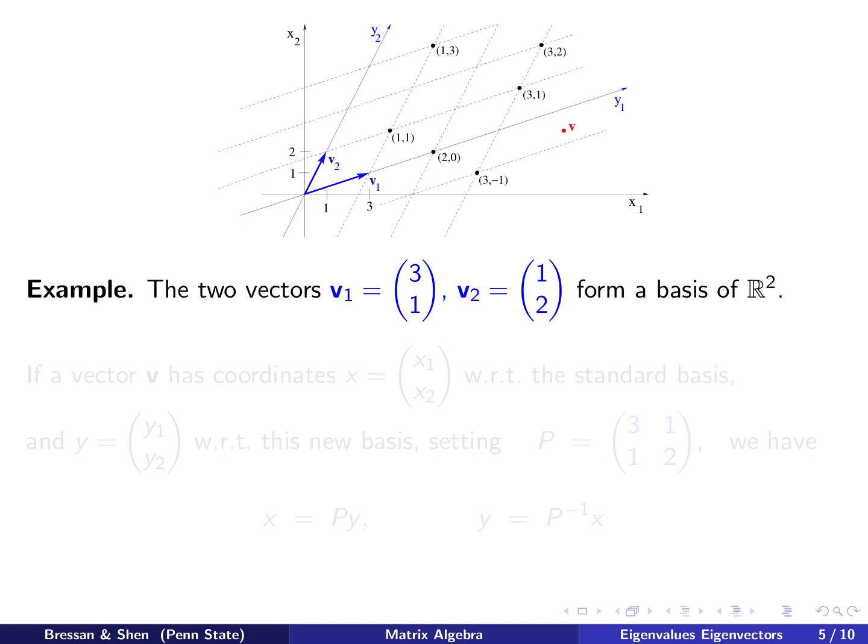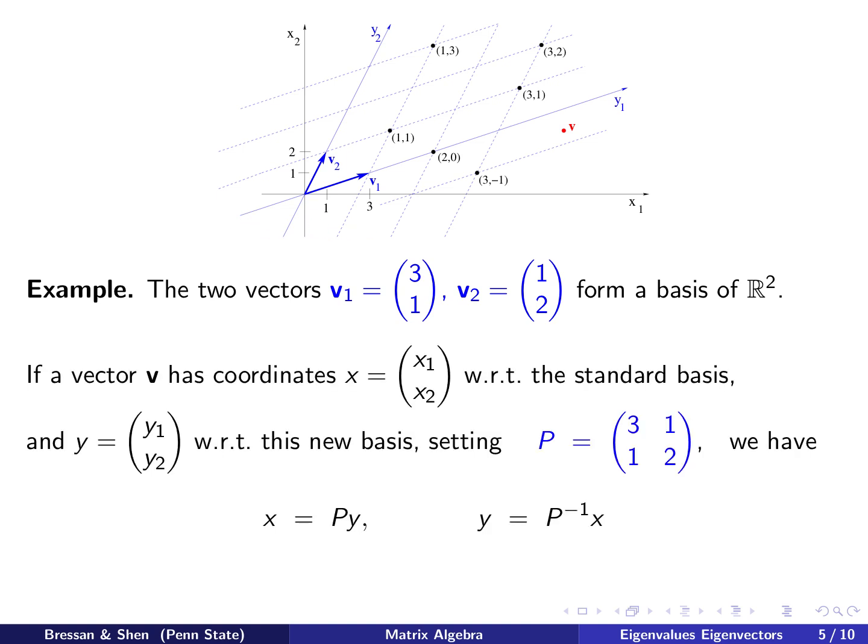So let's take an example to show what we mean. In the example that we have seen, we have v1 and v2, which is 3, 1 for v1 and 1, 2 for v2. And they are linearly independent, so they can form a basis of R2, as in this picture. So now let's consider a vector v, which has coordinates x1, x2, with respect to the standard Cartesian basis.